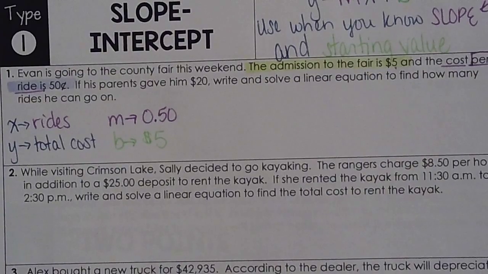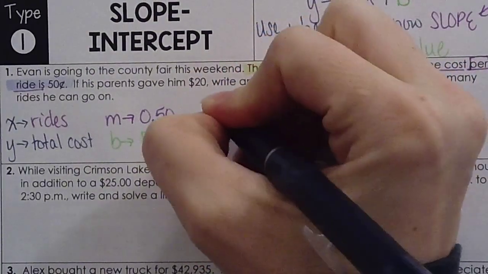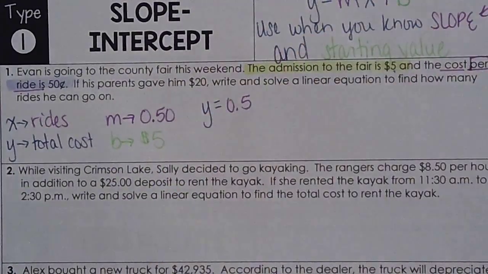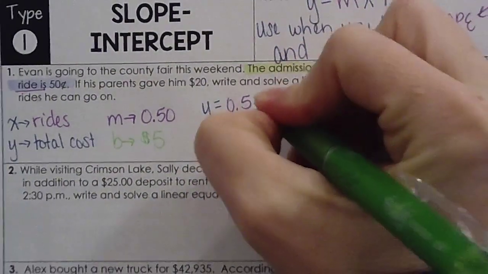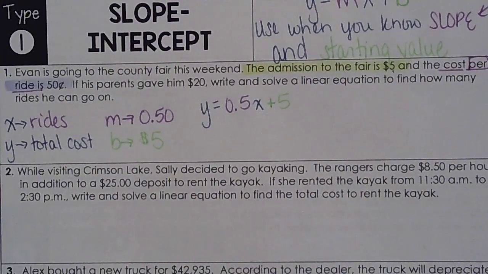Now I just put it into my formula. Y equals mx plus b. Y equals 0.5x plus 5. So now we have a linear equation. We could graph this. We could come up with a table of points.